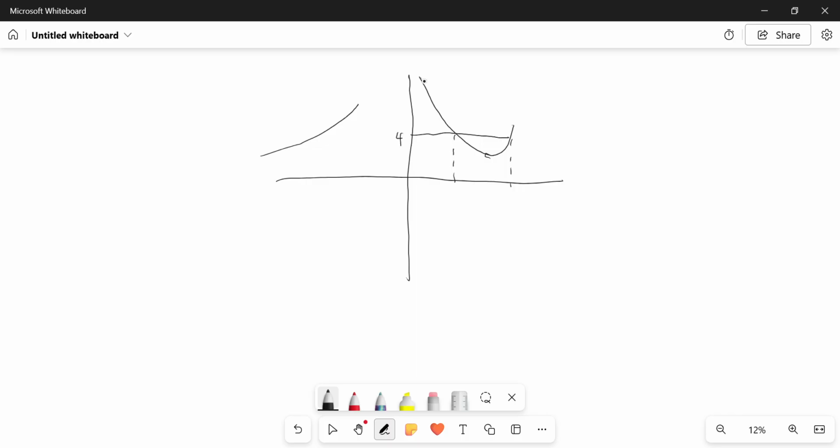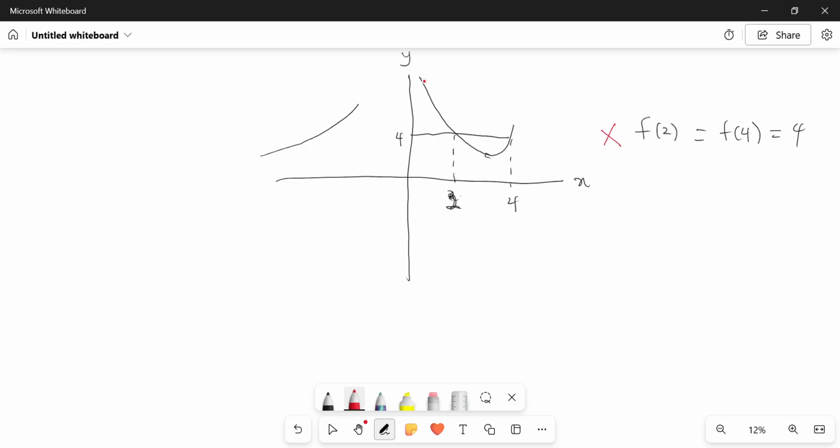Now when we map 4 on the graph, this is the x-axis, this is the y. So 2 and 4 give us the same value, right? So when we put in f of 2 and also f of 4, we get the same value on the y-axis, which is 4. And this is not a one-to-one function.